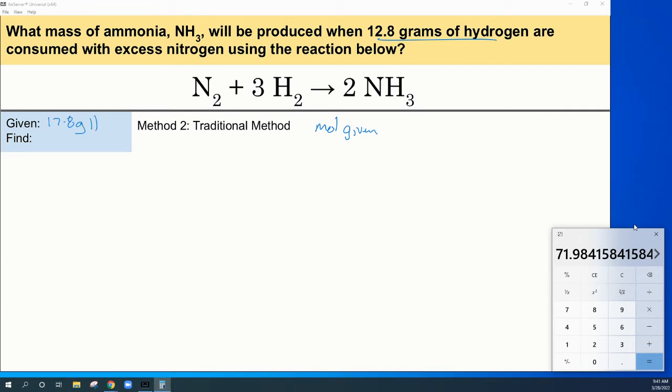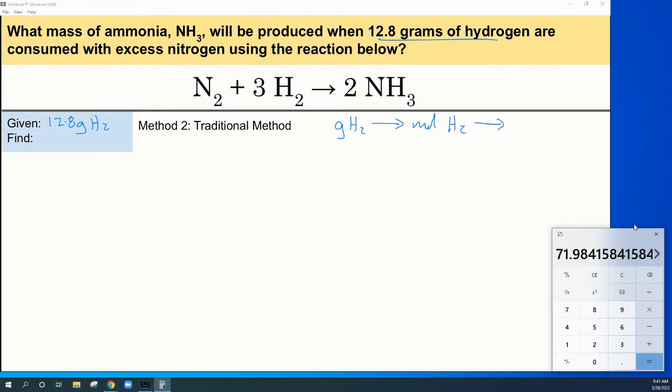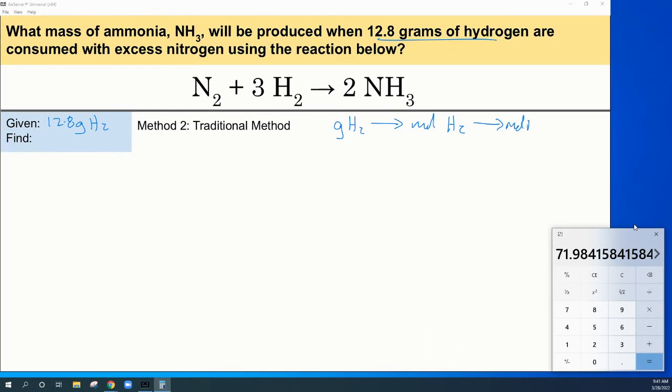So in this case, we're going to take hydrogen. Our steps are going to be, we're going to take grams of hydrogen, turn it to moles of hydrogen, take that and turn that to moles of what I want, in this case NH3, and turn that back into grams of NH3. So again, this is the same process.